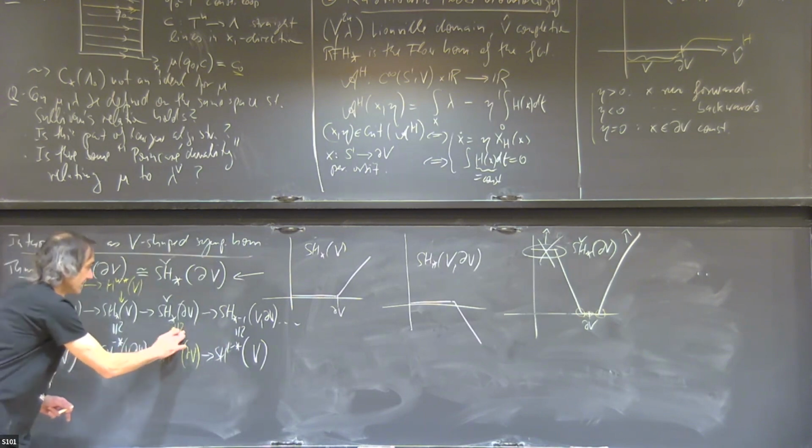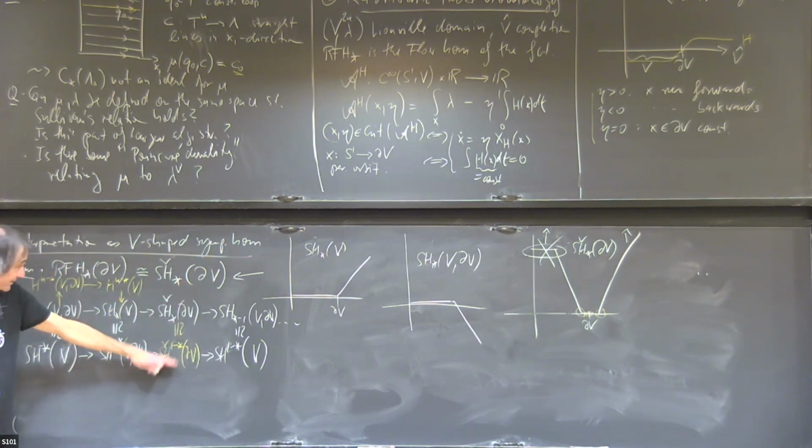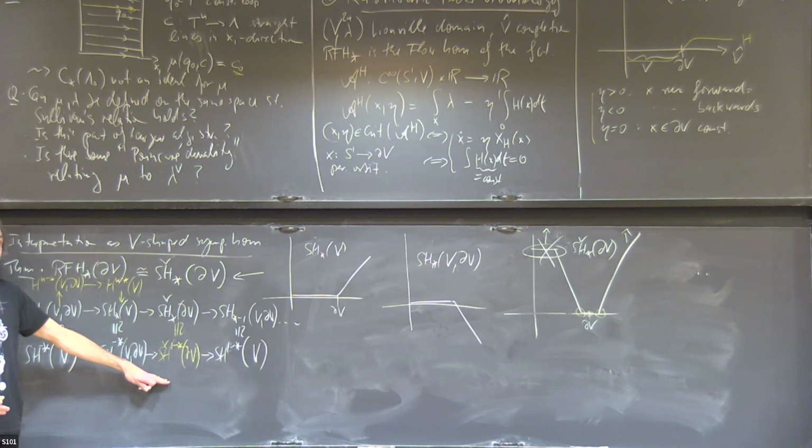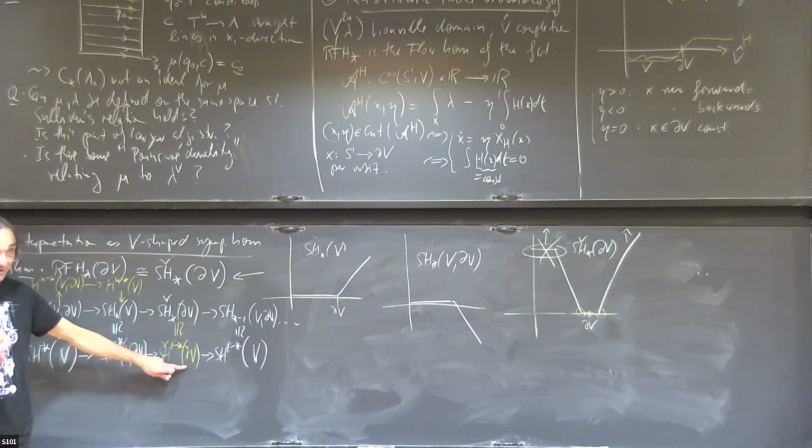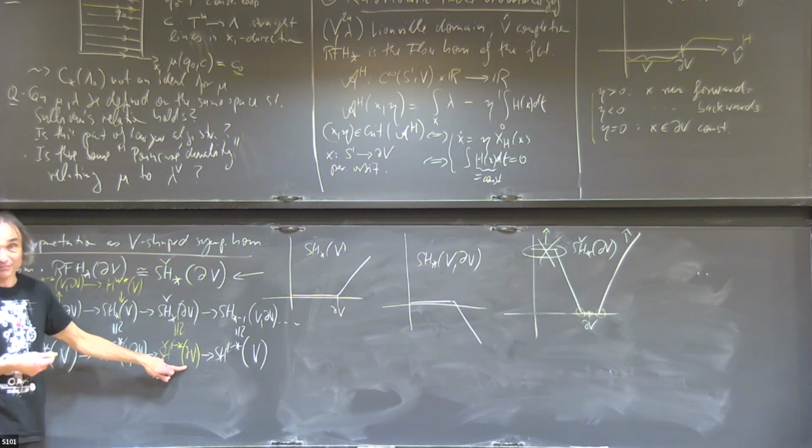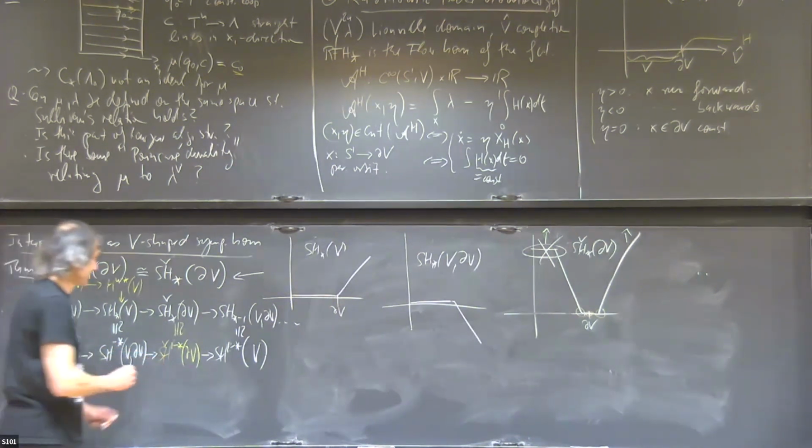Now that thing is something interesting, because this is now an isomorphism from the homology of this space to the cohomology of the same space. So this is really a self-isomorphism between homology and cohomology. So this deserves rightly to be called some kind of Poincare duality.